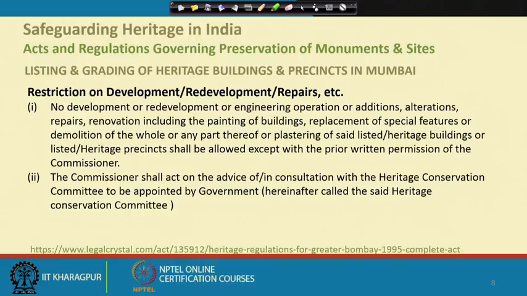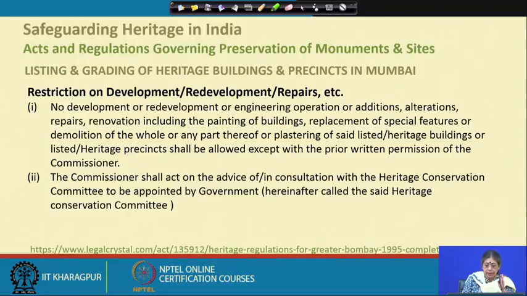The commissioner shall act on the advice of or in consultation with the Heritage Conservation Committee to be appointed by the government, hereinafter called the said Heritage Conservation Committee. Now, this Heritage Conservation Committee is also very important. There it has also said what the constitution of the Heritage Conservation Committee should be.